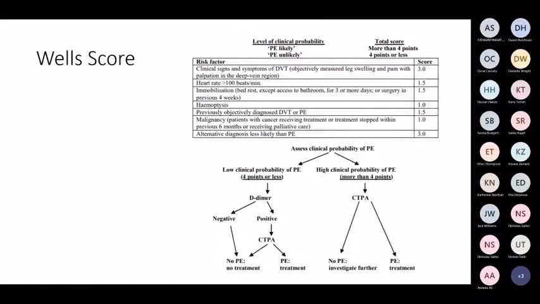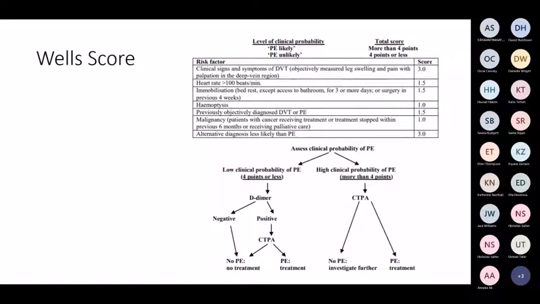If they've had any immobilization, if they've got hemoptysis, they've previously been diagnosed with DVT or PE, if they have malignancy, and if an alternative diagnosis is less likely than PE, that's another 3. So you calculate their Wells score. In our case, our lady had clinical signs and symptoms of a DVT, and her heart rate was raised, so she'd score 4.5, which makes PE likely.